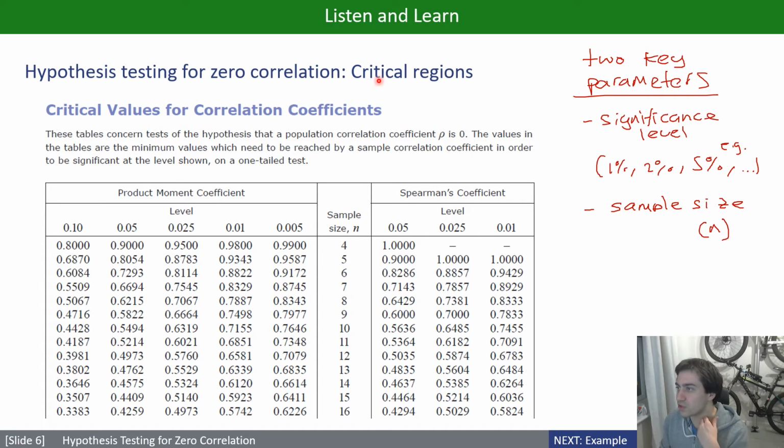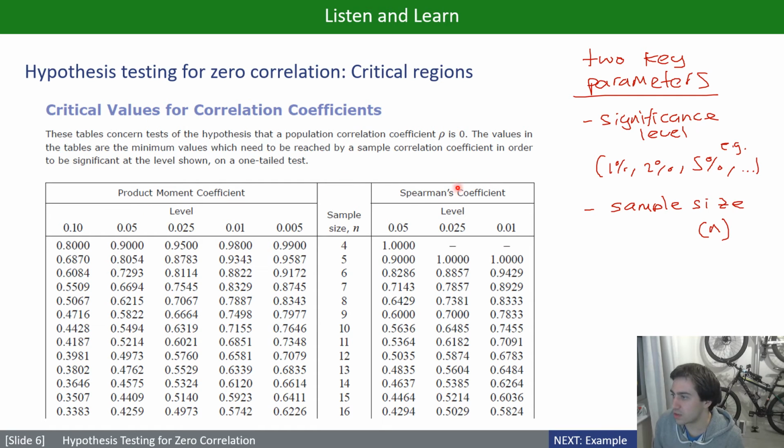Instead, you'll find this table, and this table exists in the formula book. Towards the back of the standard formula book you'll get in an exam, there's all sorts of tables of numbers. Some are useful, some you'll never use. The one you want to find has the heading, critical values for correlation coefficients, and you'll have this table of numbers here.